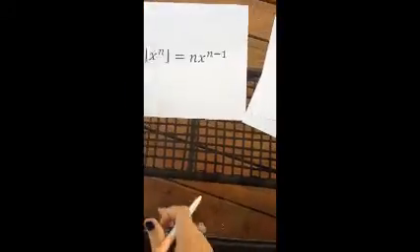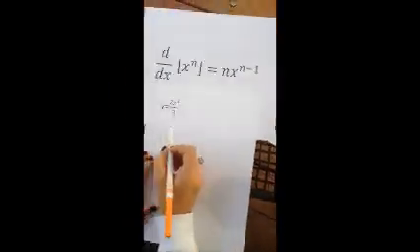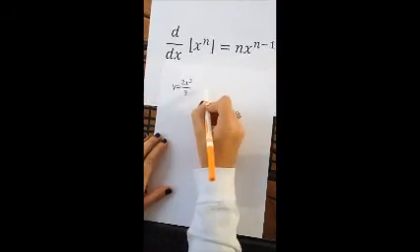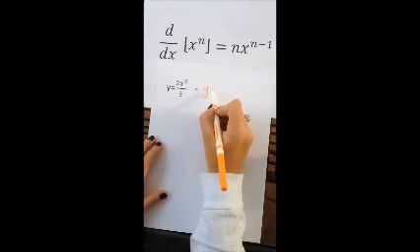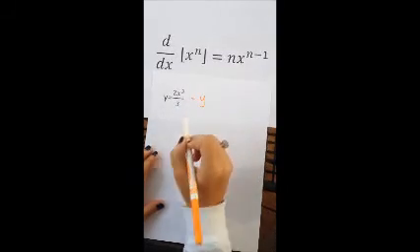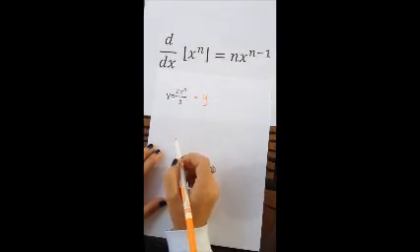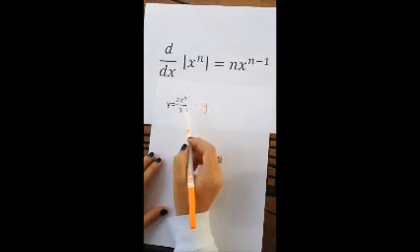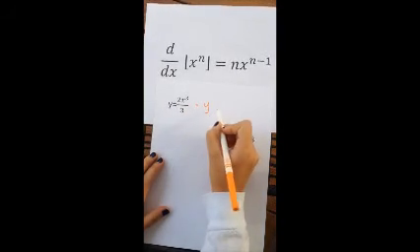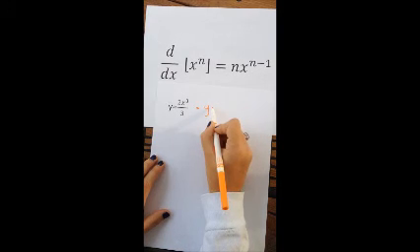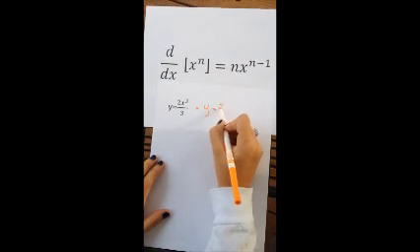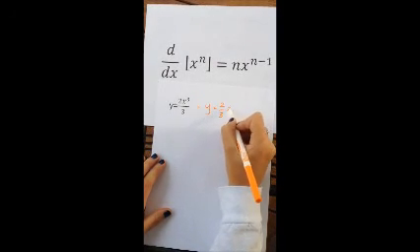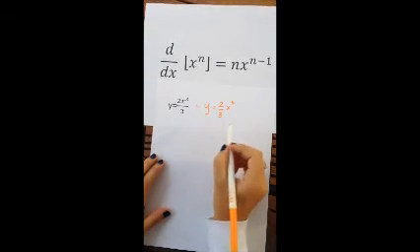Alright, the next example is 2x cubed over 3. You can leave it like that, or you can rewrite it as y equals 2/3 x to the 3rd.